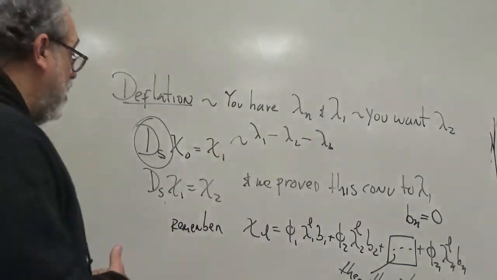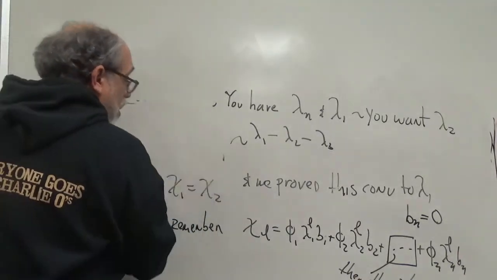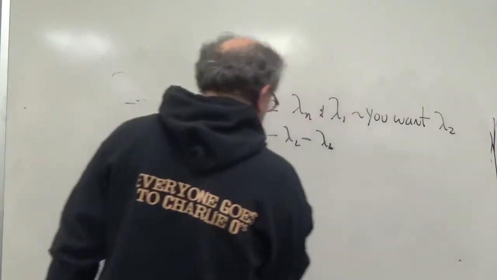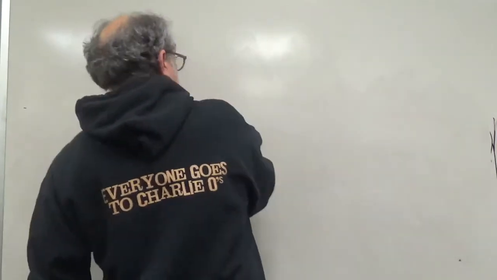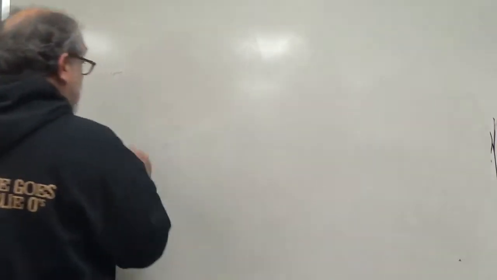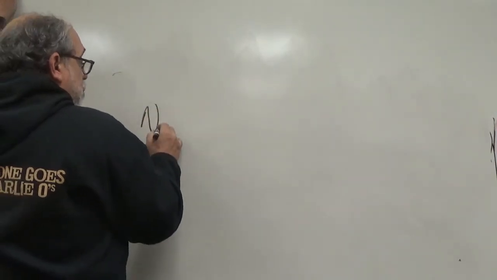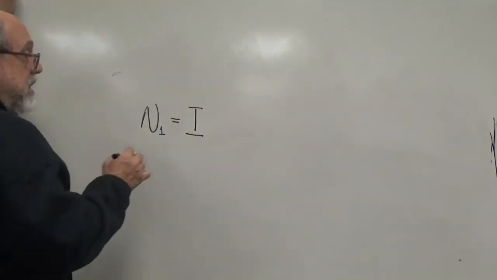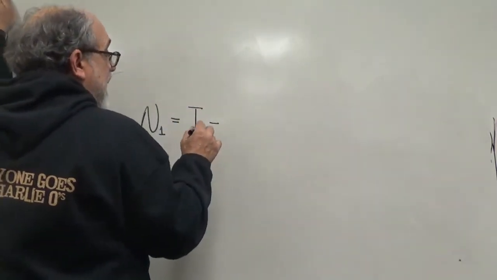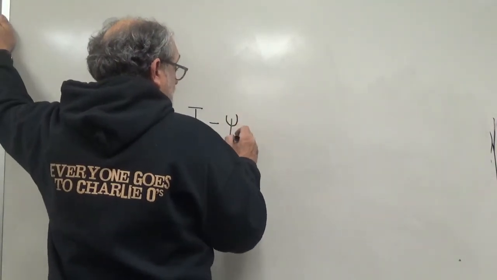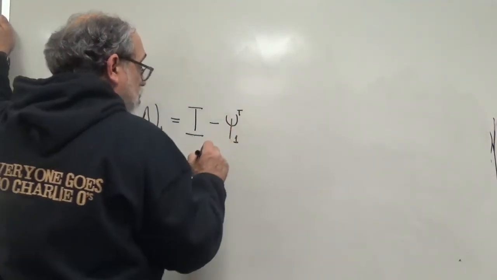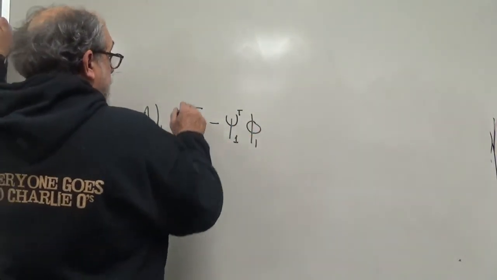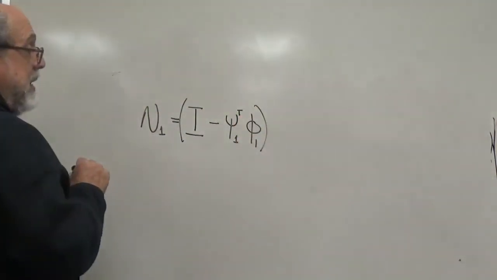Okay? Now, to conclude, because I've taken too much time, let me just give you the deflation formula. If I want to get rid of the first mode, it can be shown that the deflation formula is simply the identity minus phi, the left one, transpose times the first one, and that's the matrix.